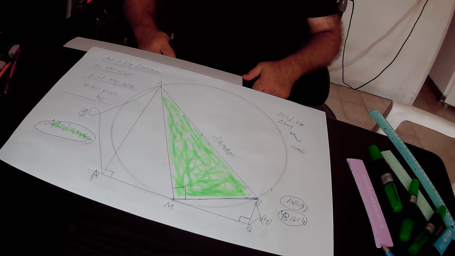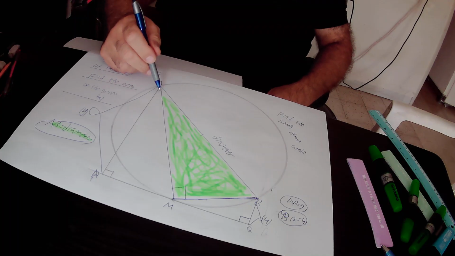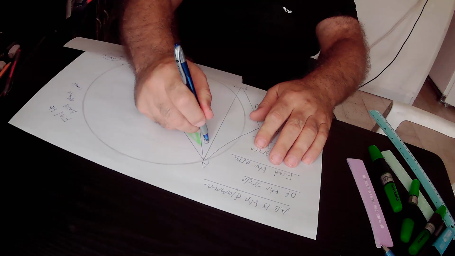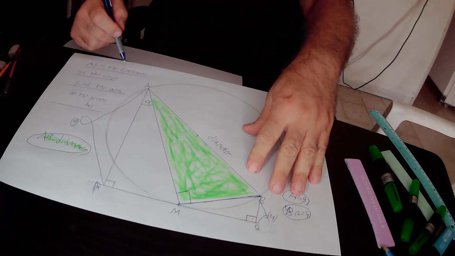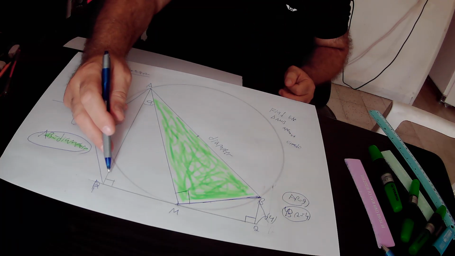In the next step, we define angle PAM. This angle is alpha. So in the right triangle APM, this angle equals alpha. This angle equals 90 degrees according to what is given in the question.